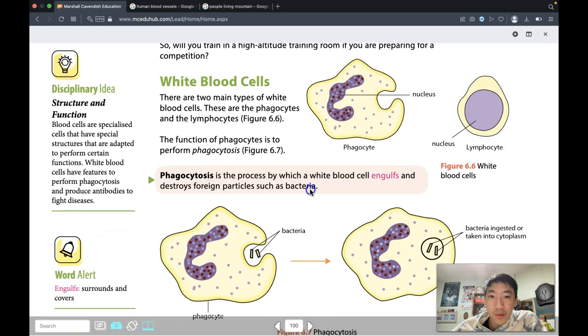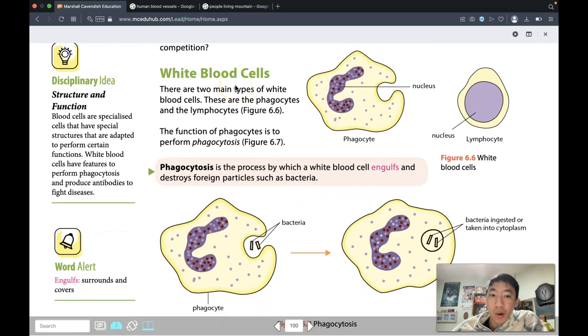Okay, for the next thing, we'll talk about white blood cells. There are two types of white blood cells. The first type is called a phagocyte, and the function of a phagocyte is to perform phagocytosis. This one you need to remember the definition. Phagocytosis is the process by which a white blood cell engulfs and destroys foreign particles such as bacteria.